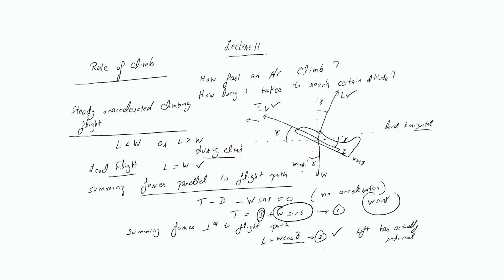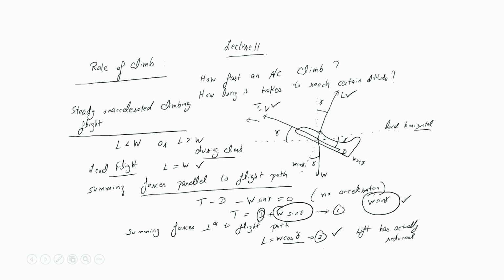So during climb, thrust is a very important parameter. If you have sufficient thrust, only then will the aircraft be able to climb. Always remember, during climbing flight, lift is less than the weight, and thrust compensates for the weight component.